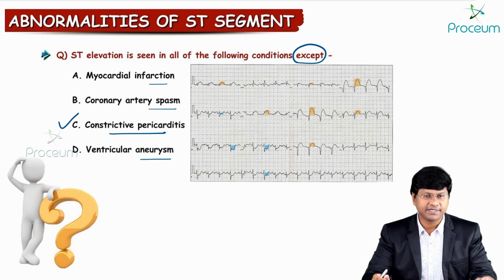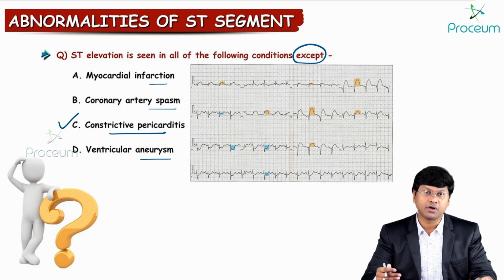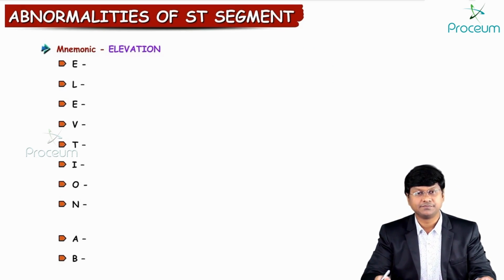But before going on to further discussion, first let me tell you all the conditions wherever you have the ST segment elevation. Now I'll tell you all the conditions causing ST segment elevation with the help of a mnemonic, and that particular mnemonic is elevation.